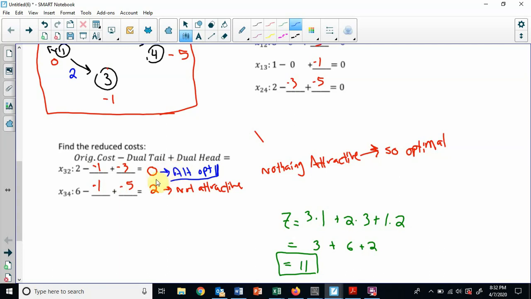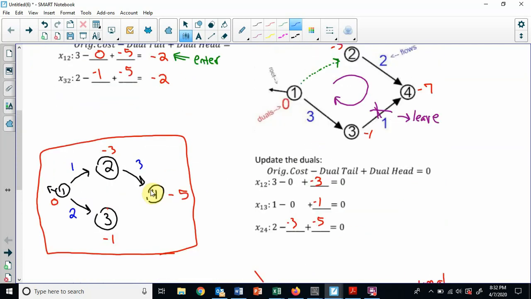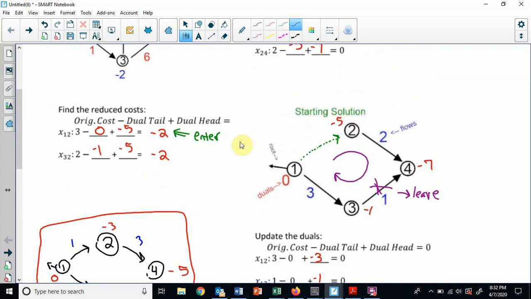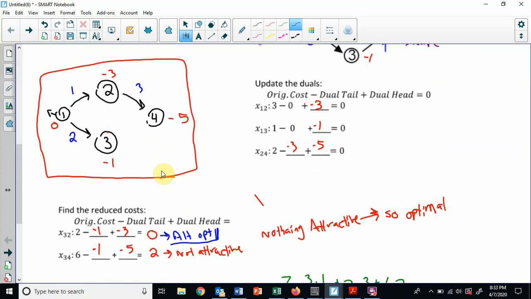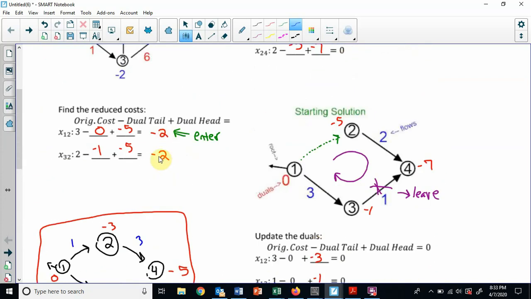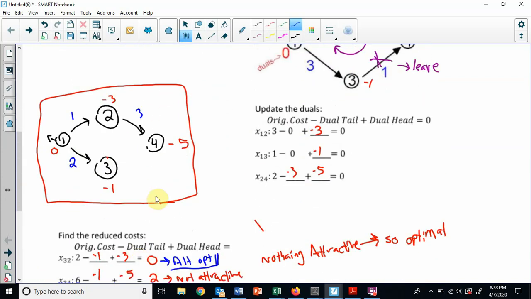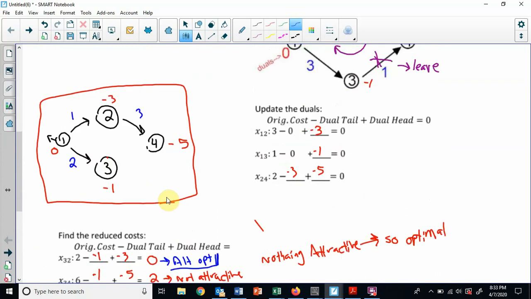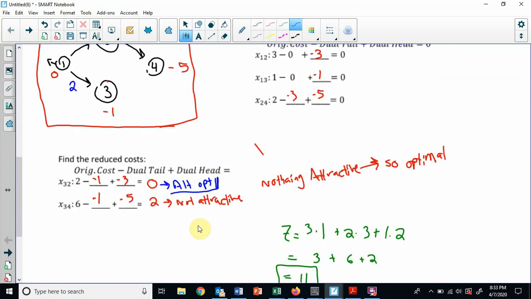But could anybody guess this was coming? You kind of should have seen it up here because we had two things that were equally attractive. Now that doesn't always mean I have alternate optimals, but since this is only a one pivot problem, that thing at the one pivot could have gone either way, and then I was optimal. You should have probably guessed that it would have been the same z of 11 actually.